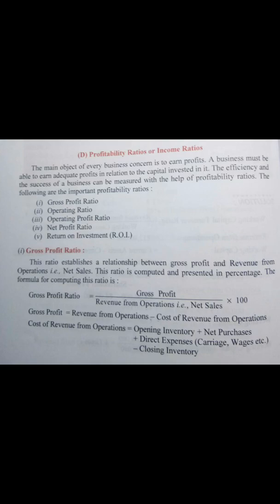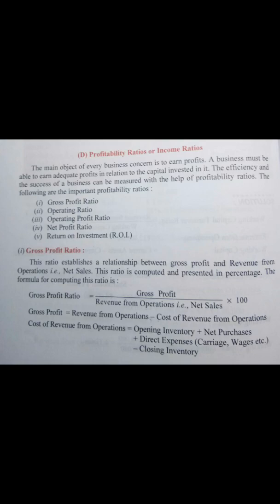Gross profit can be calculated by subtracting cost of revenue from operation from revenue from operation, and cost of revenue from operation can be calculated by adding opening inventory and net purchase, that means purchase minus purchase return.